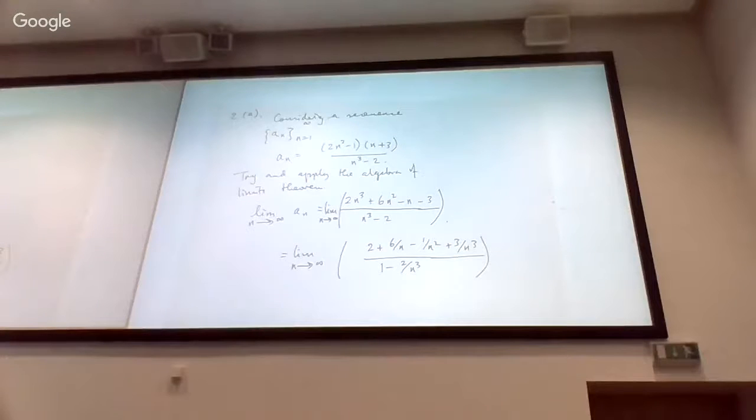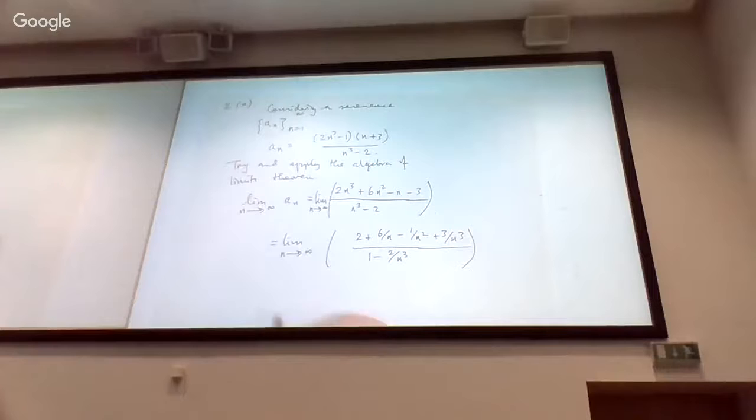We can now see that the numerator consists of a constant 2 and a linear combination of various parts, but all of these subsequences are convergent, because they're all a constant over some positive power of n. The same goes for the denominator: a constant and a subsequent term which itself is convergent.